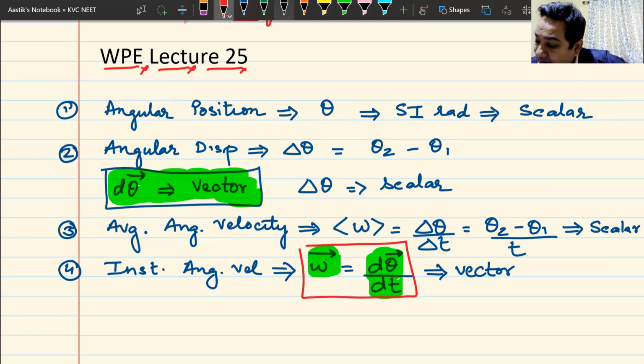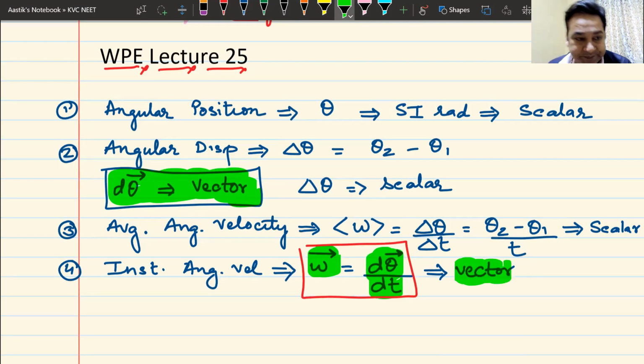Do we understand this? Can I have some raised hand that this is a vector because d theta, the green one, the green Hulk, is a vector. The upper one, which is the pink Hulk, is a scalar. Why is it a scalar?